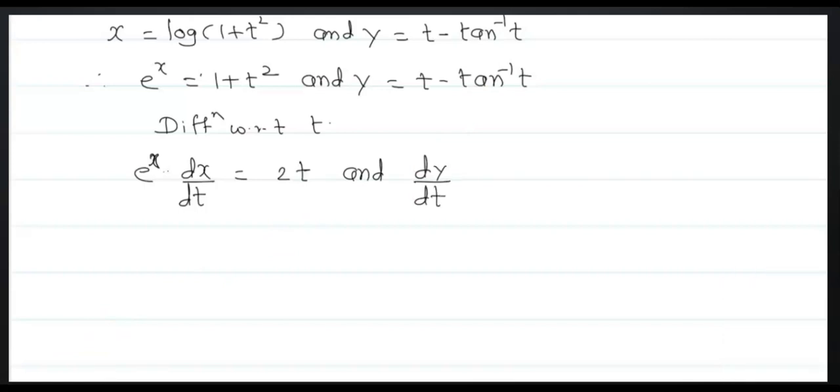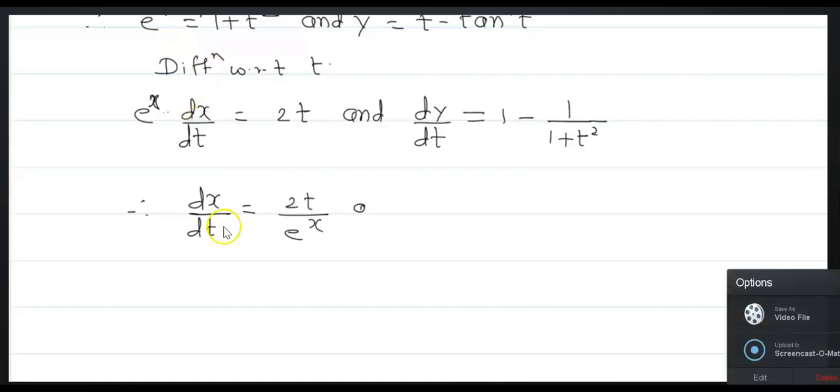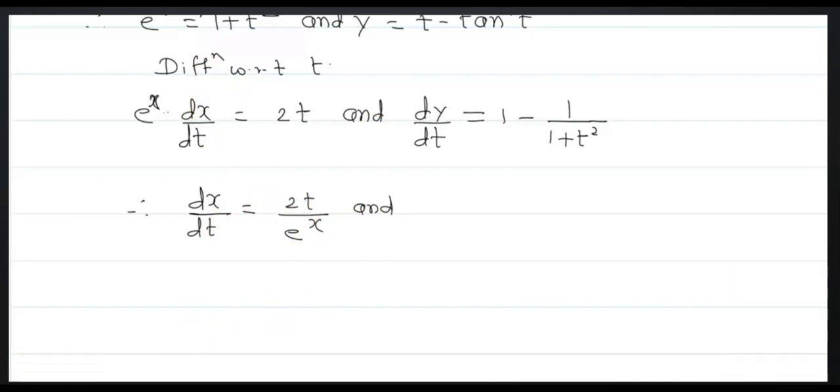e raised to x into dx upon dt is equal to 2t. dy upon dt is equal to 1 minus 1 upon 1 plus t square. Therefore, dx upon dt is equal to 2t upon e raised to x, and dy by dt is equal to, simplify this, that is 1 plus t square minus 1 upon 1 plus t square.